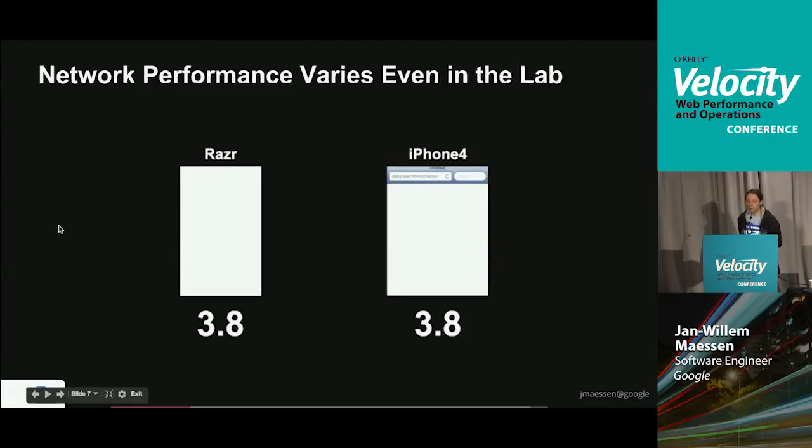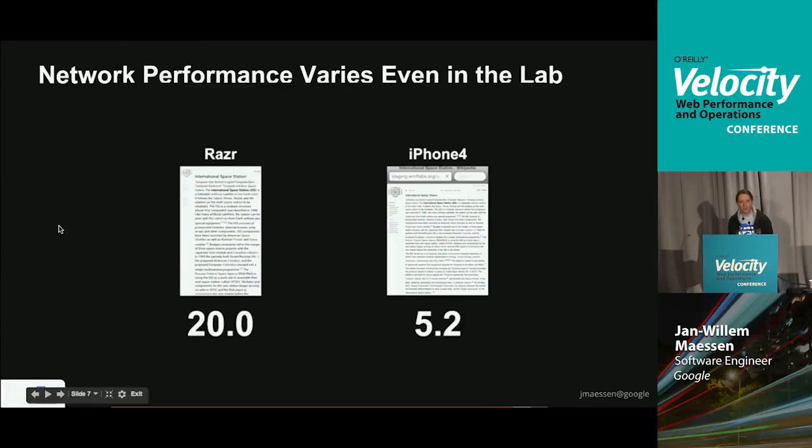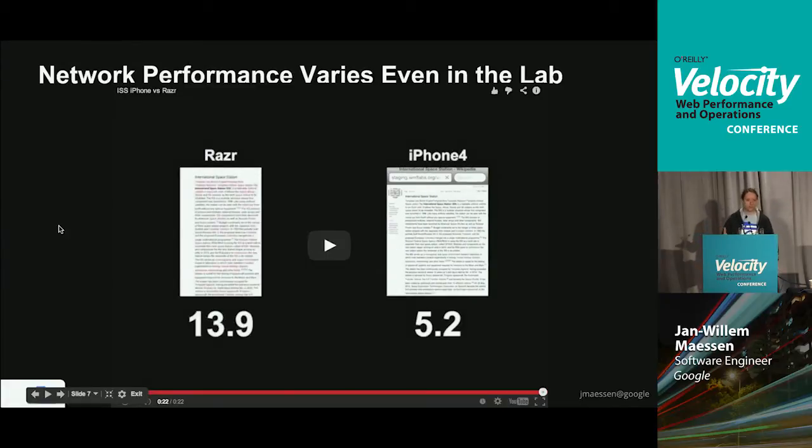And when you look at the waterfalls for these pages, you quickly discover that all that's going on here is the Razr was running in really bad network conditions. It was getting data at about 1/4 the rate, so unsurprisingly, it took about 4 times as long to render the pages. And each individual resource is taking about 4 times as long to download in the case of the Razr.